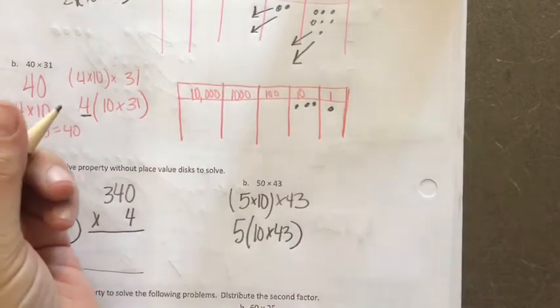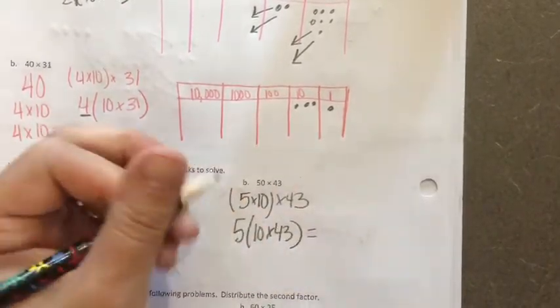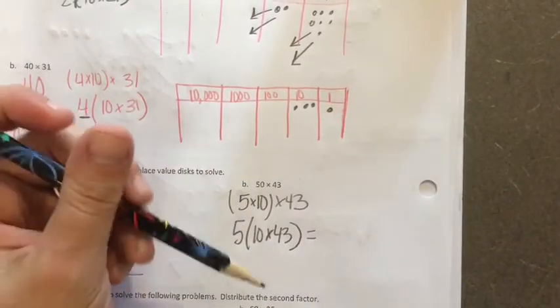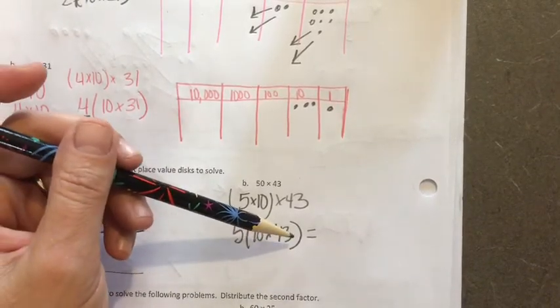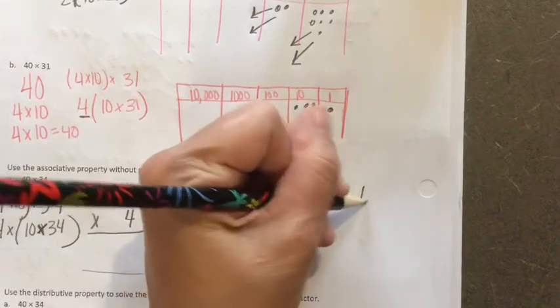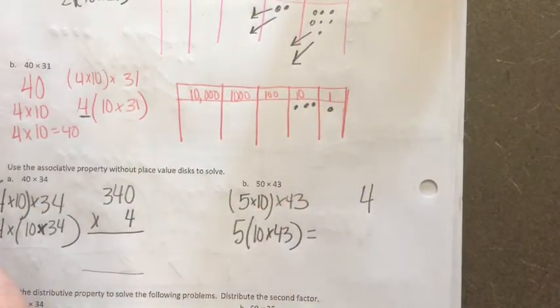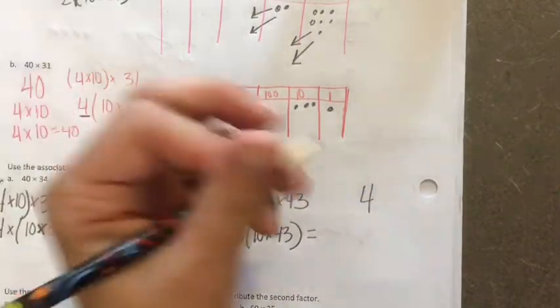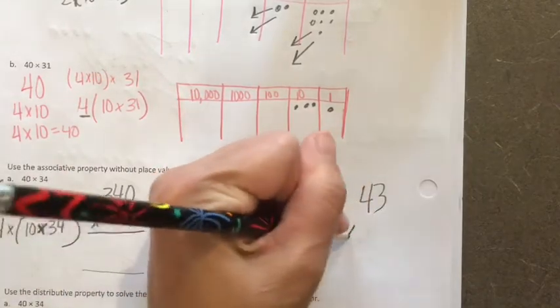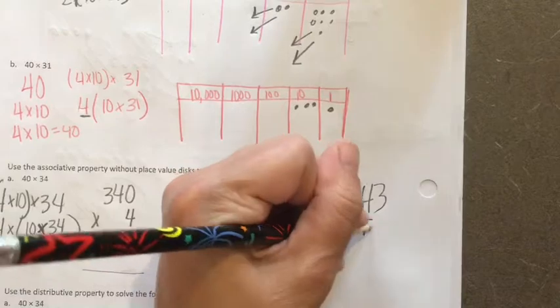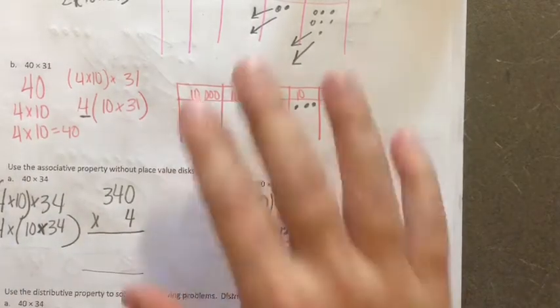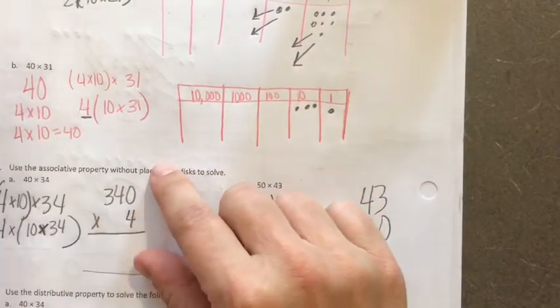Well, what would 43 times 10 be, times 5? 43 times 50. And, oh, I see a problem over here. Look what I did. I combined my numbers.